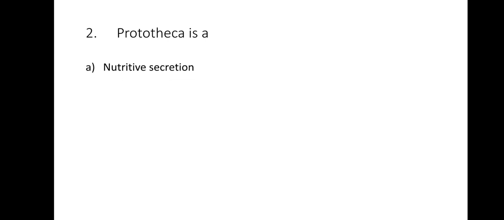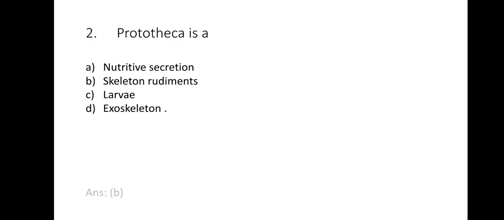Okay, next question. Prototheca is a nutritive secretion, skeleton rudiment, larvae, or exoskeleton. So answer is, it is a skeleton rudiment. Remember, at the time of formation of corallite, the skeleton rudiment is formed, which is called as Prototheca.